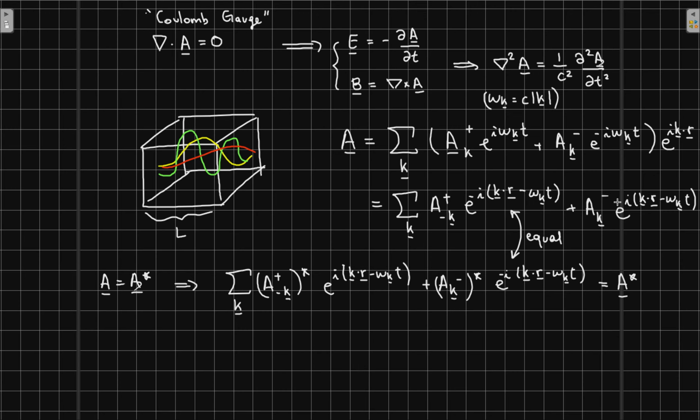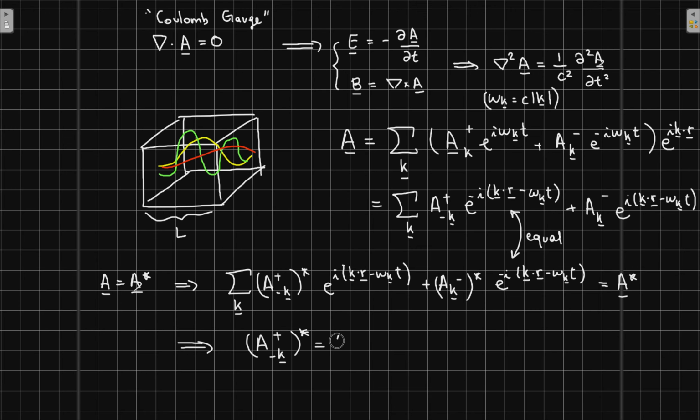Because this term right here and this term right here, of the waves going to the left and to the right, have to be orthogonal, I find that a_{-k}+ complex conjugate must be equal to the factor of e to the i (k·r minus omega t) in the above expression.